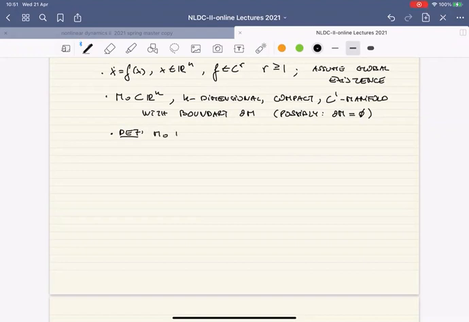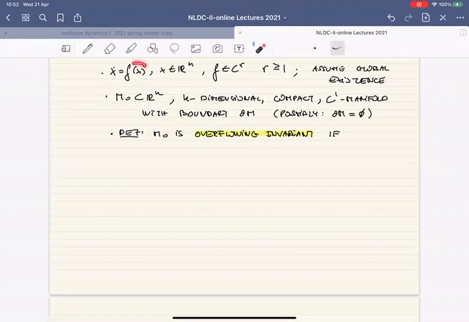So M naught is overflowing invariant. If this vector field that defines my dynamical system, and basically gives me immediately a tangent, an orientation for trajectories, I want that to be pointing outwards on the boundary of M naught strictly.